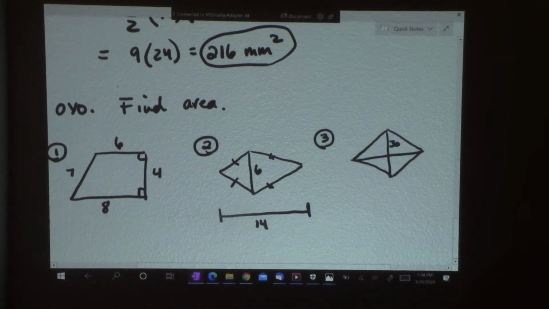This is 30, just that piece. And this is 40 right here. So go ahead and work on those, and you can pause the video right here, and we'll come back in just a few minutes.